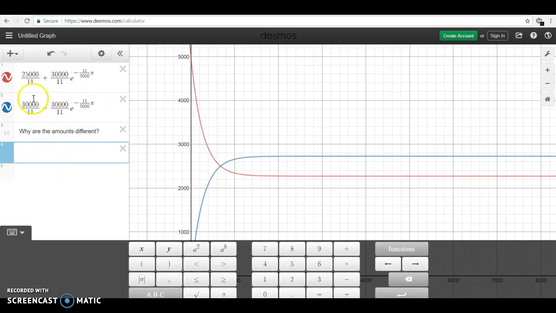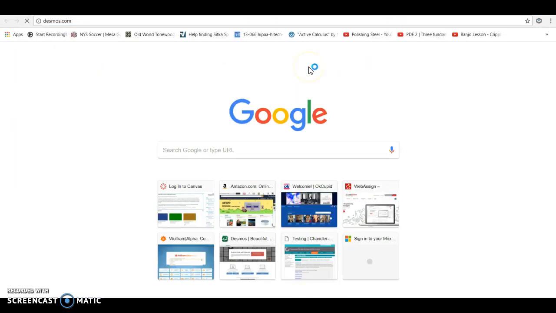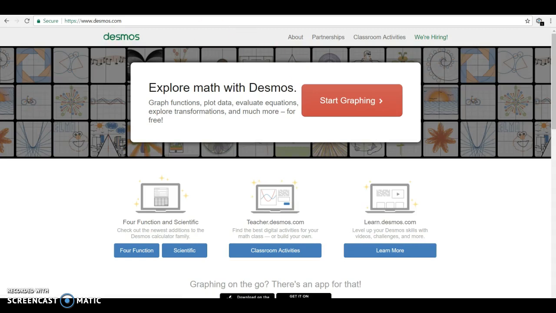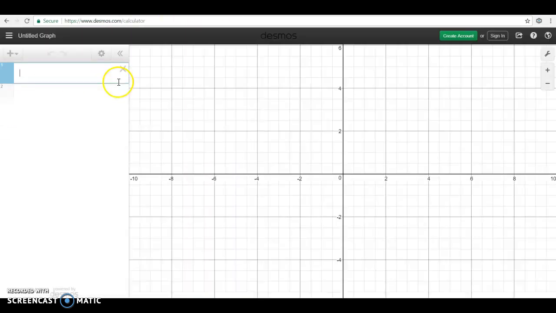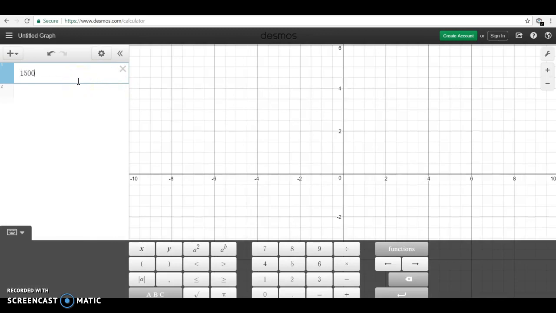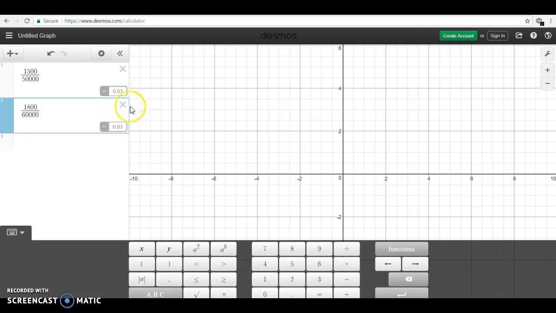Let me open up a new Desmos here real quick. If I take the saturation point of the first lake and divide it by its volume, I get 0.03. Now that's grams per gallon. 1,800 divided by the volume of that lake, which is 60,000, is also the exact same concentration.